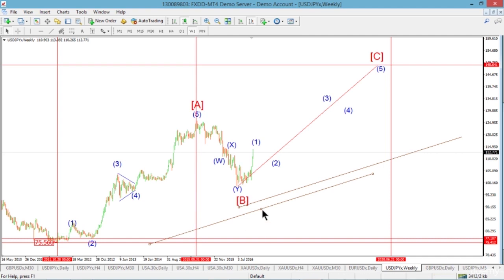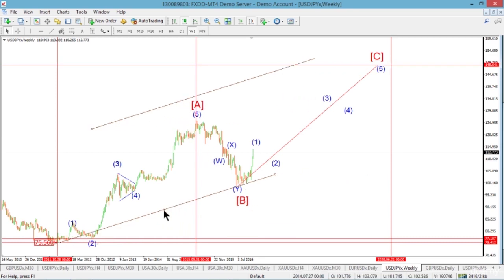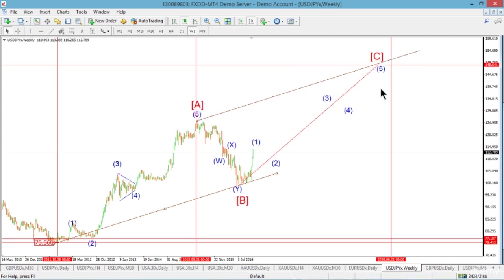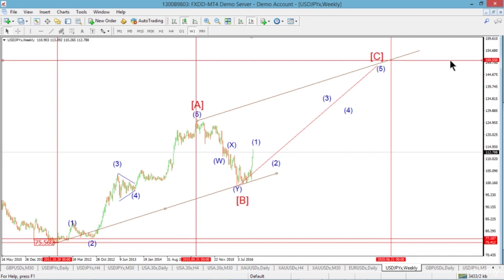of wave C here. So again, we'll get our trend channel and we'll place it from the price low to be tangential to the wave B low. And then the top trend channel I will project from the top of wave A. So wave C is projected to be in the area of 150.